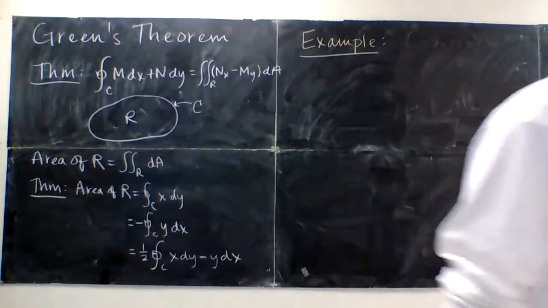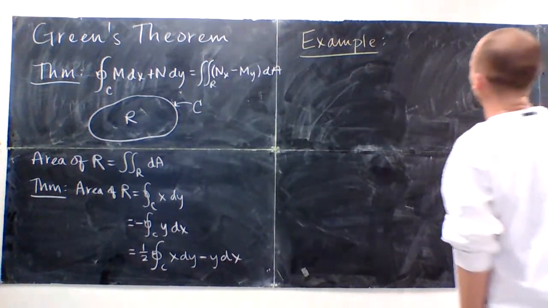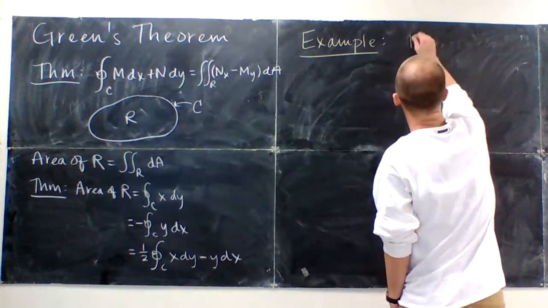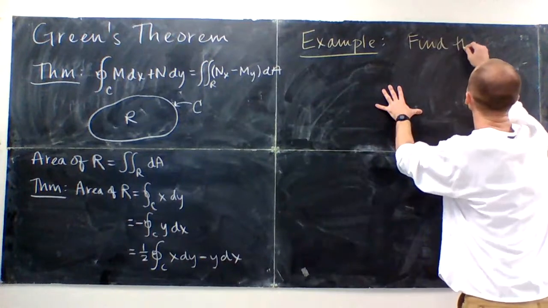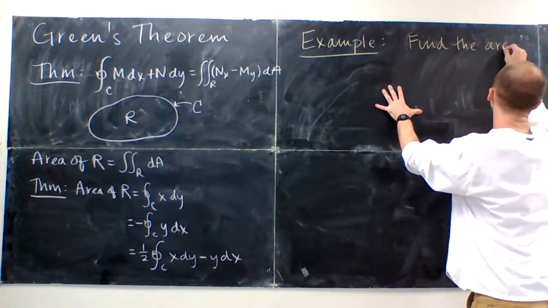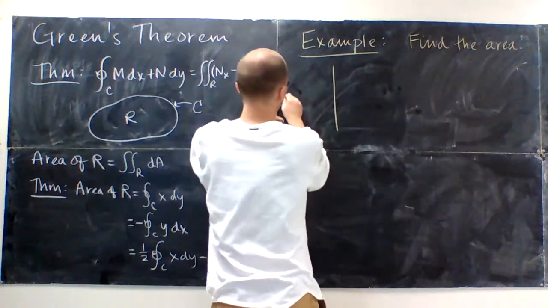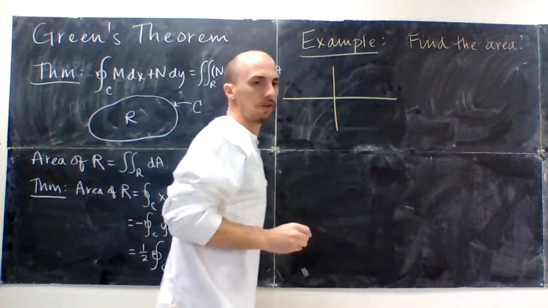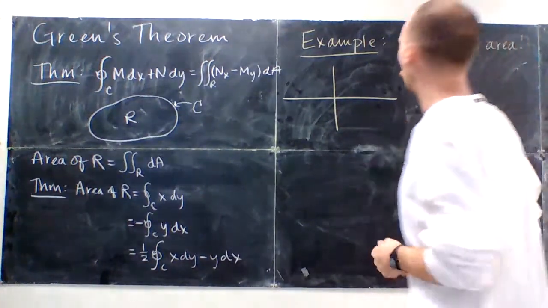All right, so the one I want to do is find the area of a generalized ellipse. The region I'm particularly interested in goes A units in the x direction and B units in the y direction.